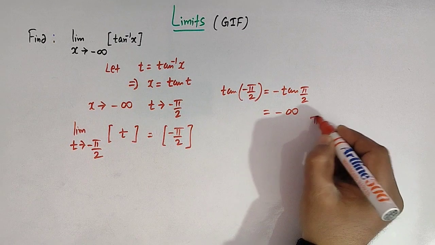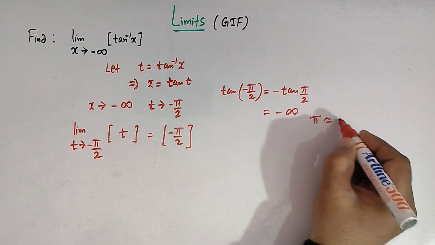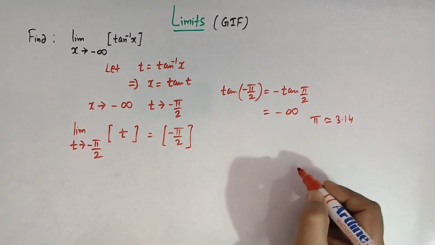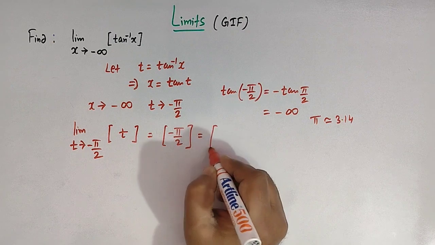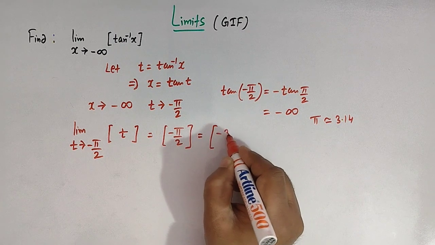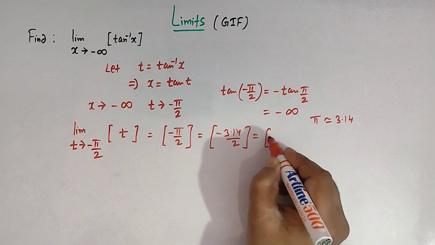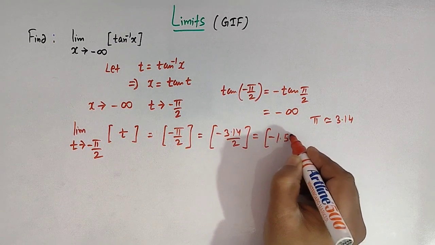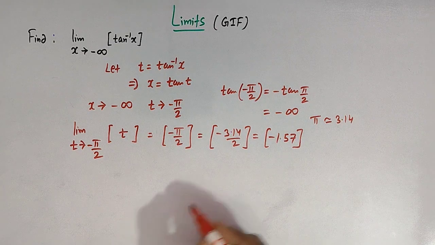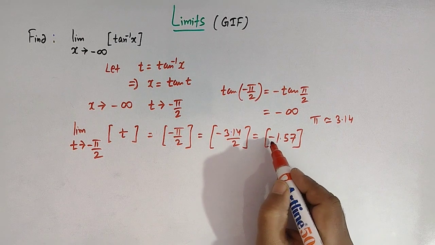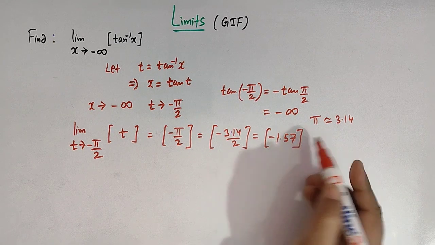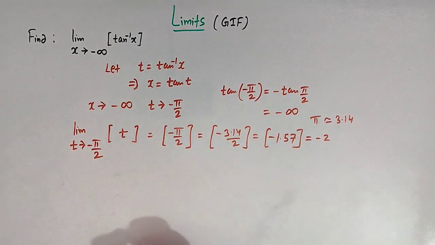Now we know that the approximate value of pi is 3.14, so here we have minus 3.14 over 2, that is equal to minus 1.57. Now the greatest integer of minus 1.57 is equal to minus 2.